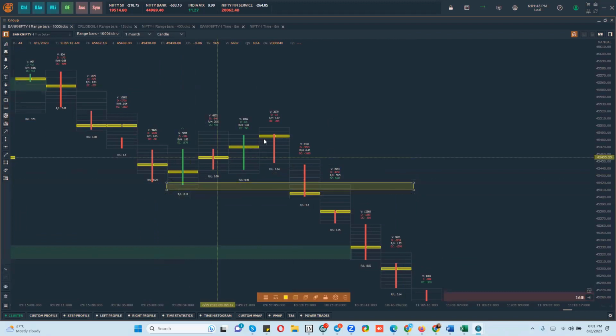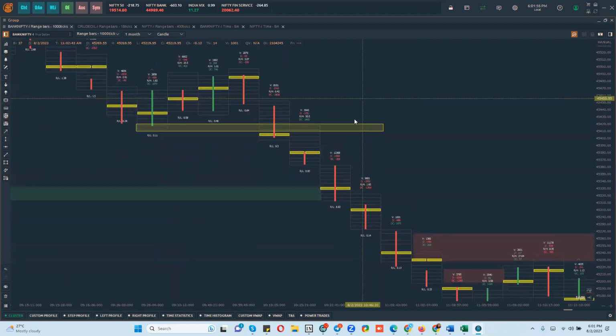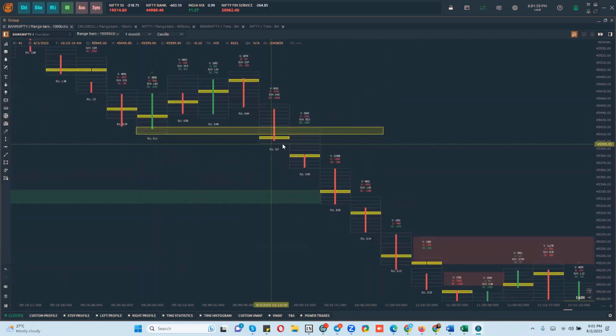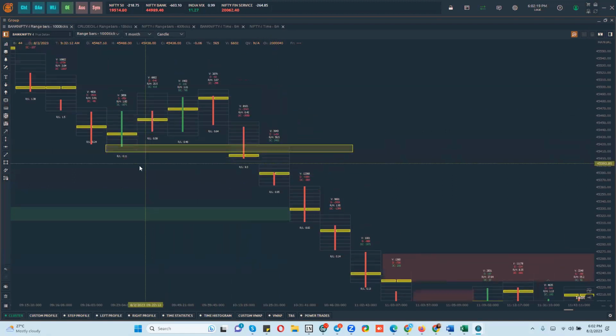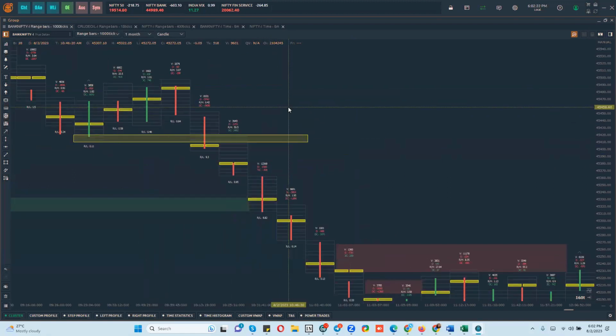If you're taking a trade based on this information, you have to be very clear that if this level is broken, the market is likely to see a bigger correction, for the simple reason that there are large limit orders. If these limit orders are taken away, you might find support around these levels. But once these levels are taken away, that means there are no more big limit orders out here, unless you see a big value or a very small RL value here. This is what you need to look at when you look at the RL or RH values.